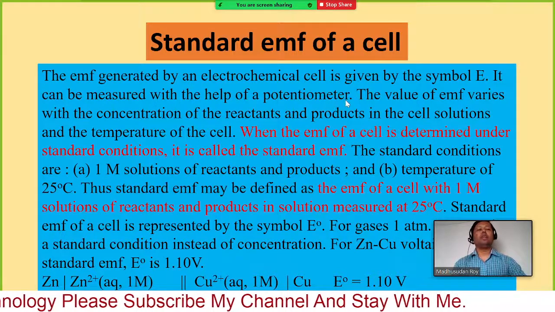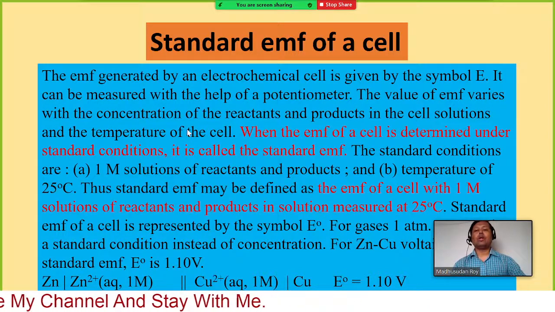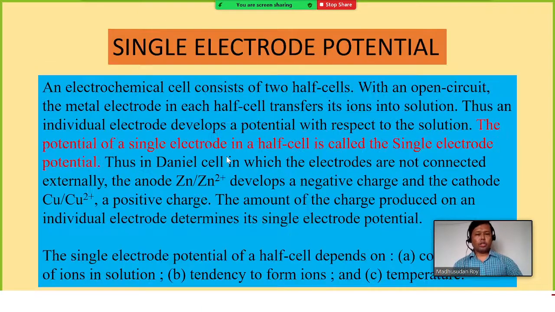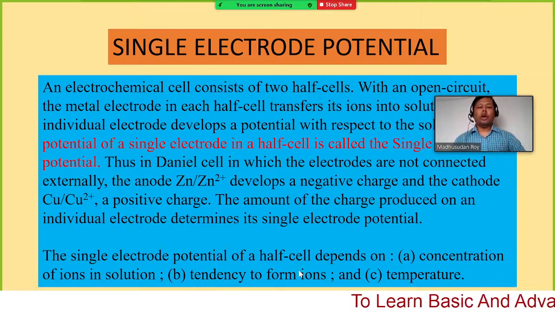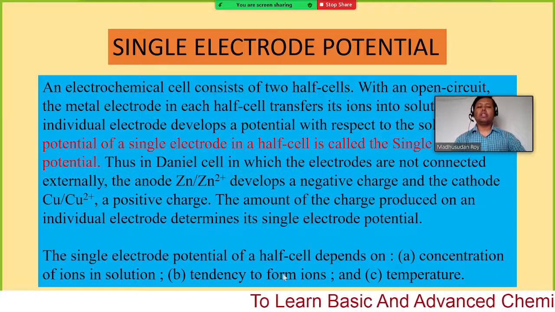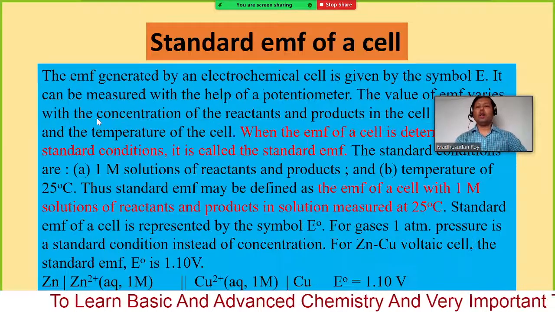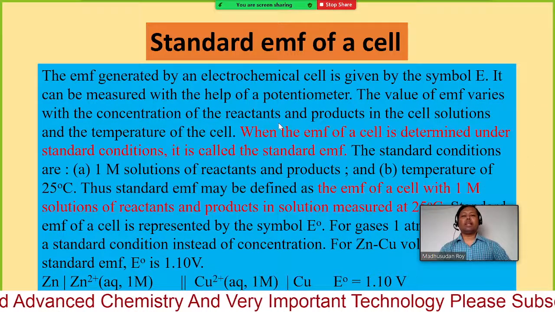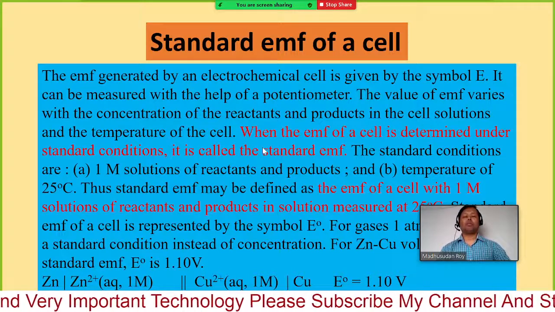That means for a full cell, the value of EMF varies with the concentration of the reactants and products in the cell solution and the temperature of the cell, as already mentioned in this slide. That means the value of EMF depends on concentration, tendency to form ions, and also the temperature.